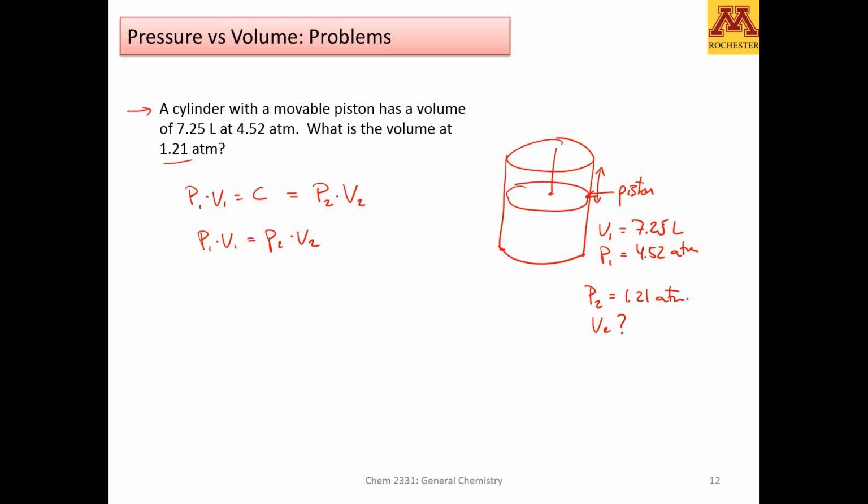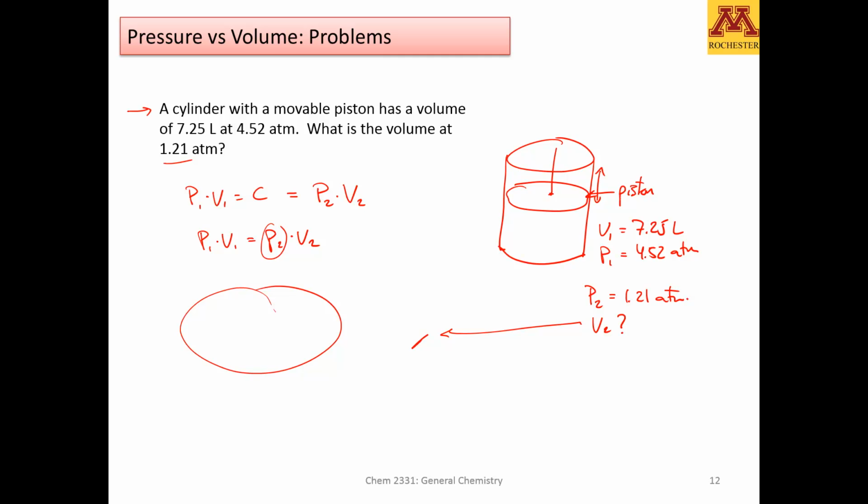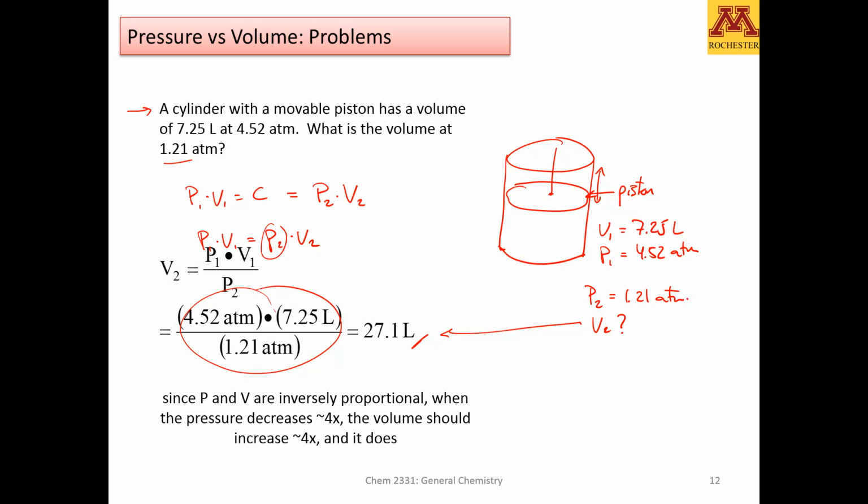It just takes some rearrangement, because if we want to know volume 2, we just move pressure 2 to the other side, and we do a little bit of calculation, and this will be your volume 2. Now, this is a number. Does this number make sense? Notice that as we decrease pressure, by Boyle's law, volume should increase. Is this correct?